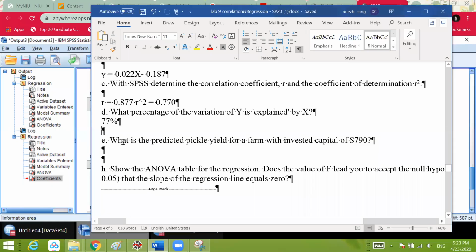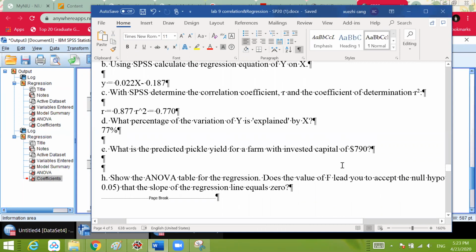In this question, it asks you to calculate the pico yield with invested capital of $790. To answer this question, we just put this value back into the equation here.